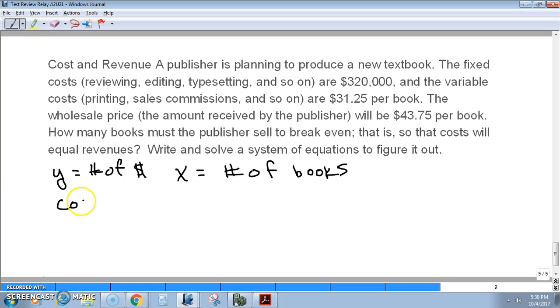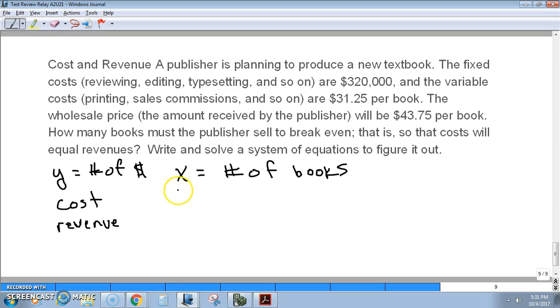One equation is going to be the cost, or how much money we're spending, and one equation is going to be our revenue, how much money we are making. I don't know if this is spelled right. Yeah, it is. So kind of how much money we're making, but not technically our profit, right? The revenue is how much money we're bringing in. To find a profit, we would have to subtract the cost from the revenue.